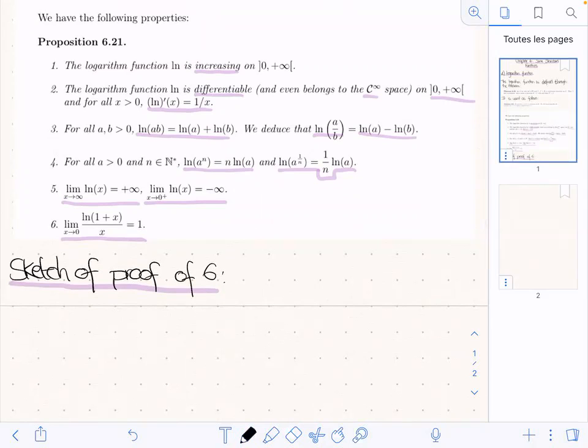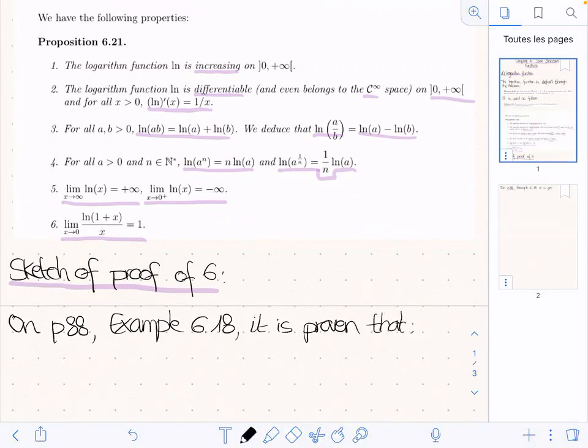On page 88, example 6.18, it is proven that if you take x greater than 0, x minus x squared over 2 is smaller than logarithm of 1 plus x, which in turn is smaller than x.